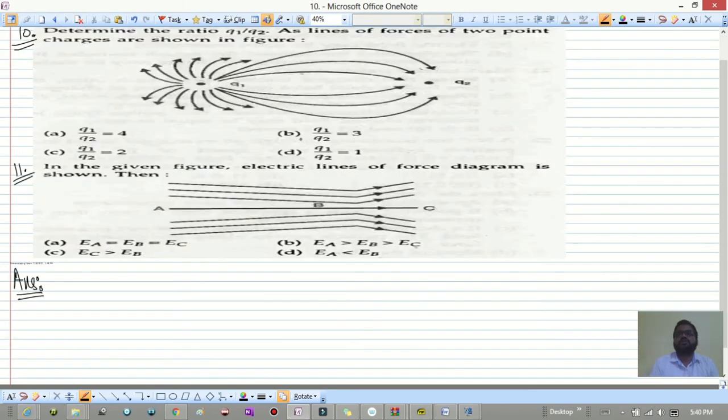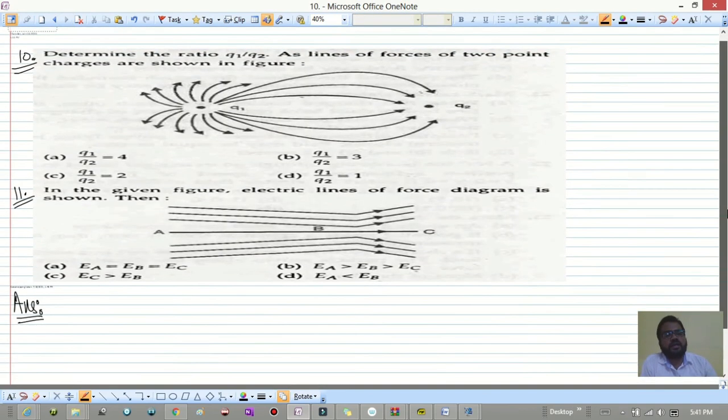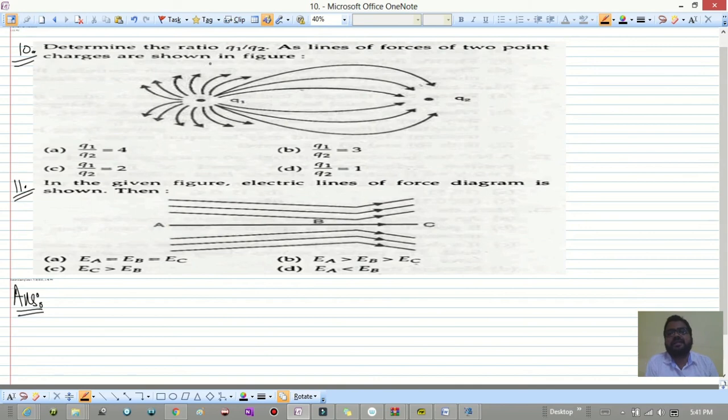And the last two questions over here. Determine the ratio Q1 by Q2, as the lines of force of two point charges are shown in the figure. See, charge is directly proportional to the number of field lines.